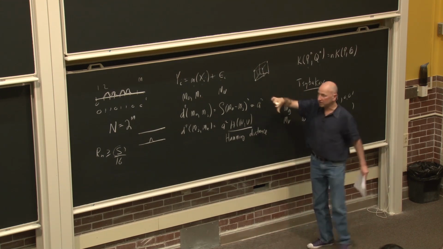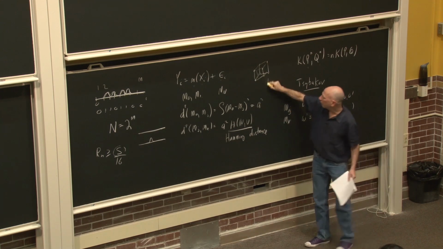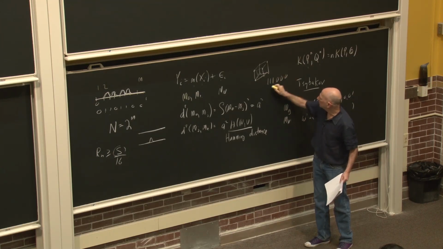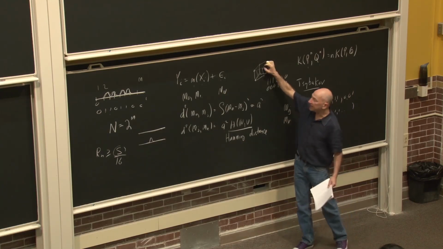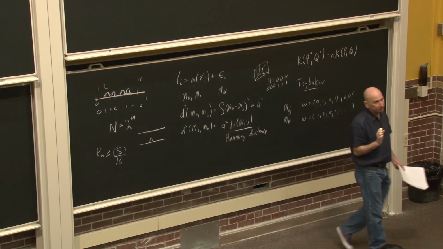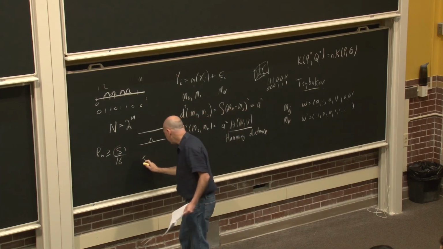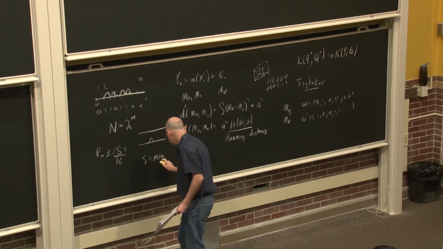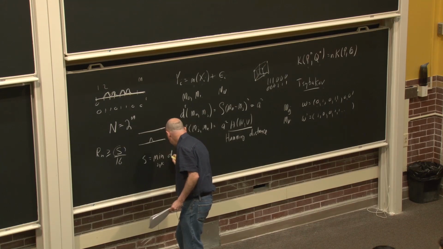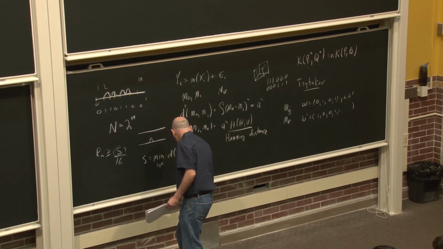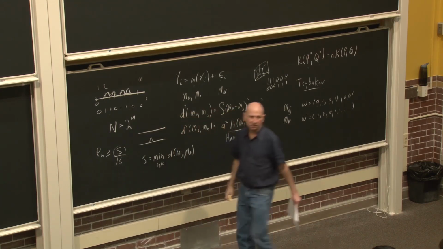And some points on the hypercube are far apart, like 1, 1, 1, 0, 0, 0 and 0, 0, 0, 1, 1, 1. That's good. But there are always going to be neighbors that are close together, too. And because we have to take the minimum, remember, s is the minimum distance over j and k between these functions, that's going to be really small.